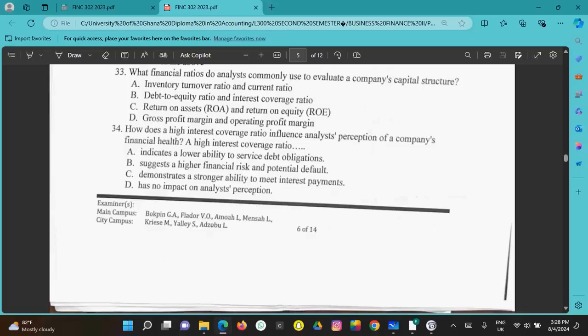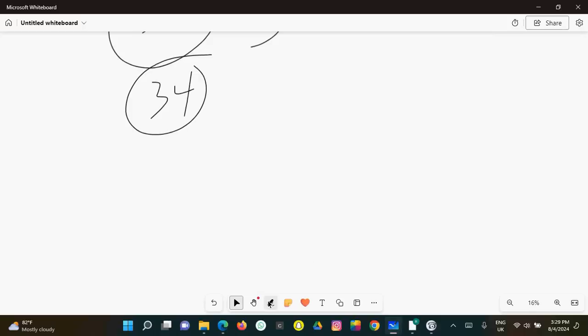So a high interest coverage ratio. Okay, so the answer is B. It suggests a higher financial risk and potential default. Because if you have a higher interest coverage ratio, then it means that you've taken more debt. That's why you're paying more interest, right? So the answer for this one is also B.